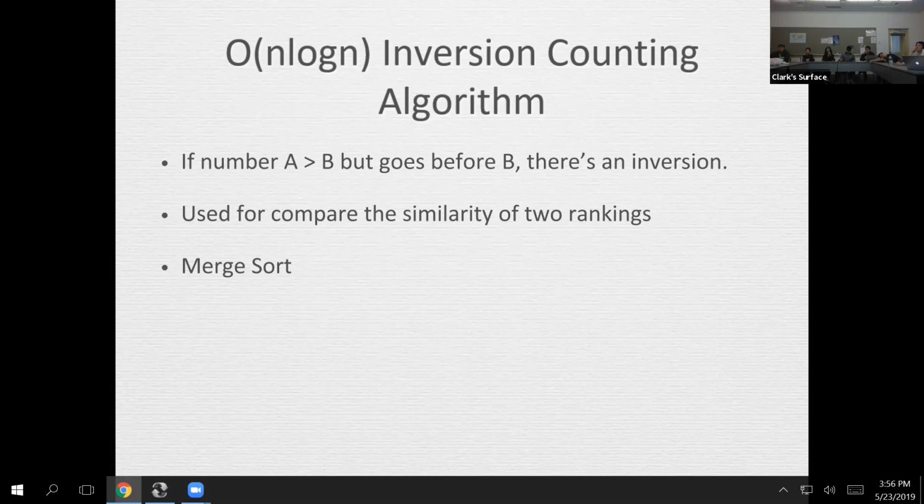The difference is, and if it's like, it will be 2 comparing to this one. So you can see the inversion is more. And you can implement it with merge sort.